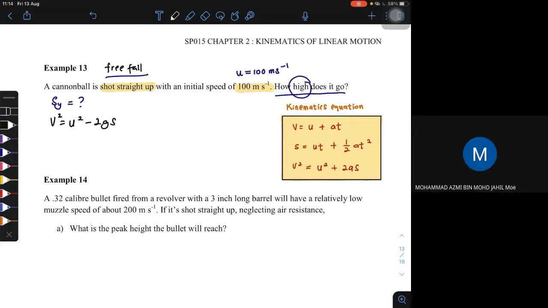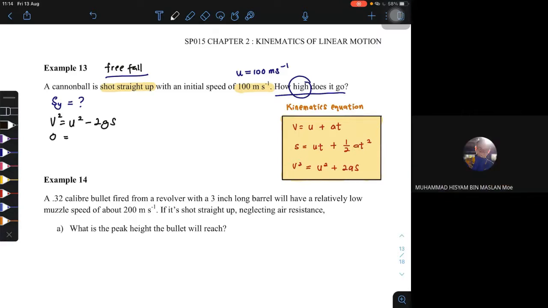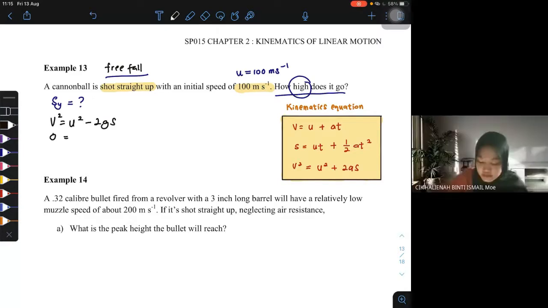V dekat sini 0. Kenapa kosong? Why is it 0? Because at the maximum height, the velocity will be 0. Sebab dia cakap sini, how high does it go? Maksudnya, apa maksimum ketinggian yang dia boleh pergi? So dekat maksimum ketinggian ni, velocity adalah kosong, as I mentioned earlier lah. So U square is 100 square minus 2G.